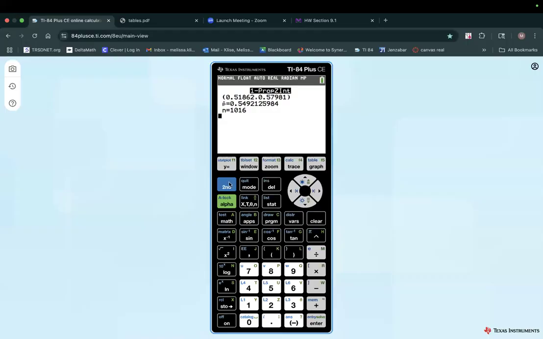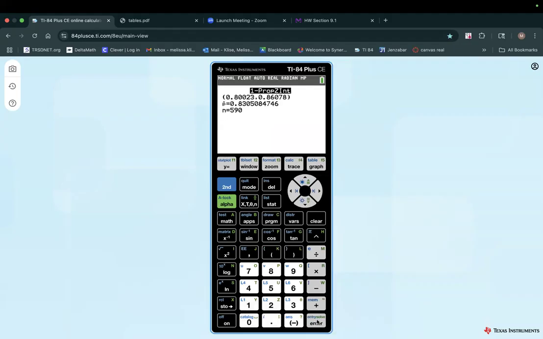Let's see. I'm going to do stat, go over to tests, go down here. It wants to know the number of successes. I'm going to enter 490 because I have 489.7, which is closer to 490. My sample size is 590 and my confidence level was 95%.